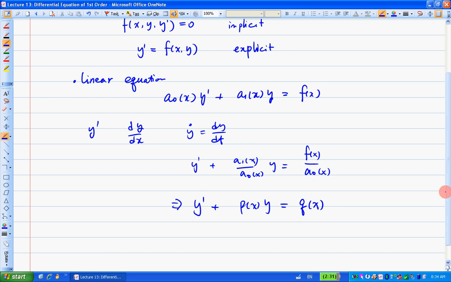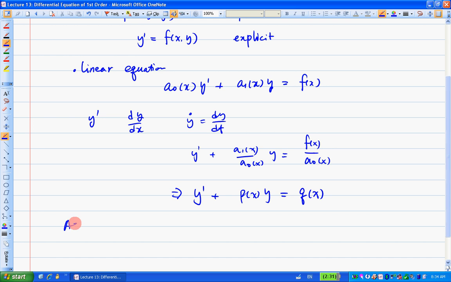What we're going to assume is that p(x) and q(x) are both continuous over a certain region that you're interested in.